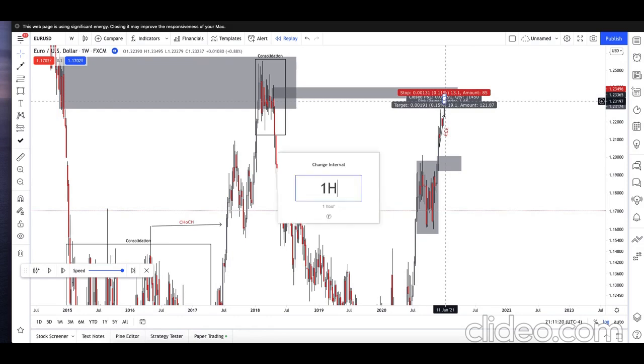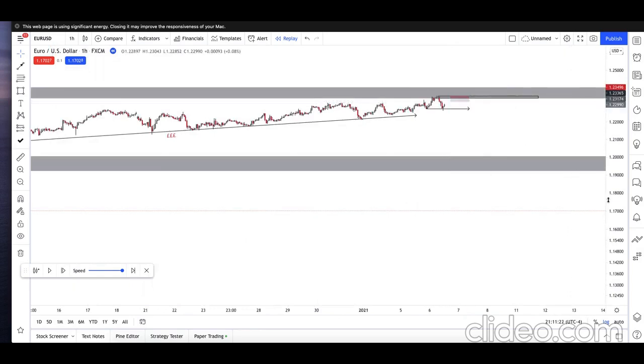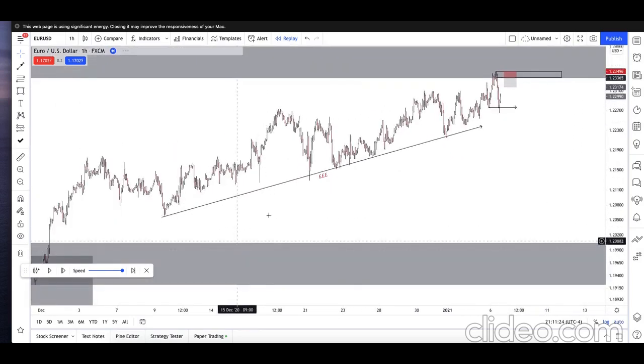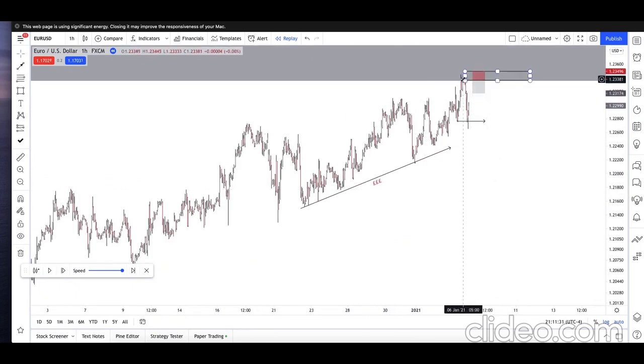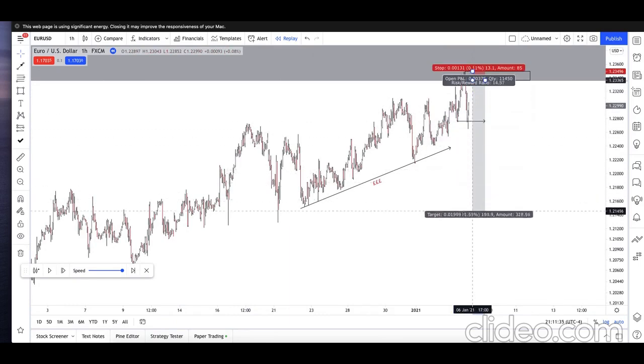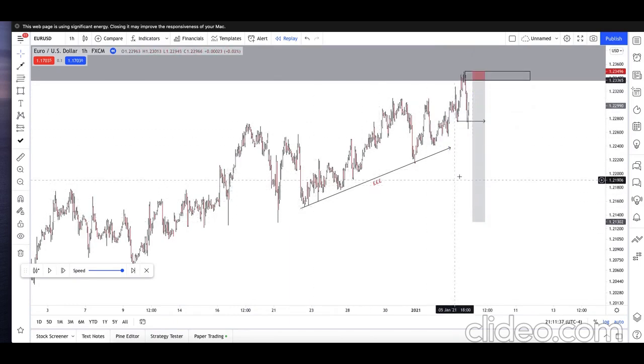Now, if we head back over to that 1 hour again, what have we identified here? Liquidity, right? And now we know we're in a reversal phase. And what's the objective of the reversal? To take out any liquidity, right? So that was another confluence for us to take that sell.